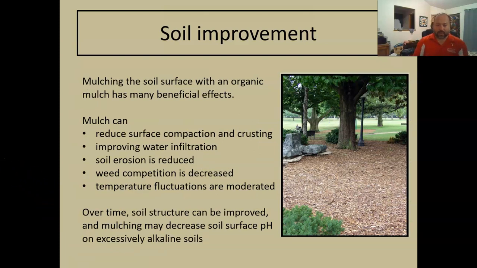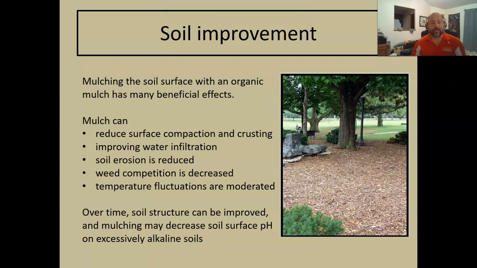Mulching the surface with an organic mulch, like we were just talking about, has many beneficial effects. It can reduce surface compaction and crusting, improve water infiltration, reduce soil erosion, decrease weed competition, and reduce temperature fluctuation. With soil temperature, you don't really see the effect of the daily fluctuations.